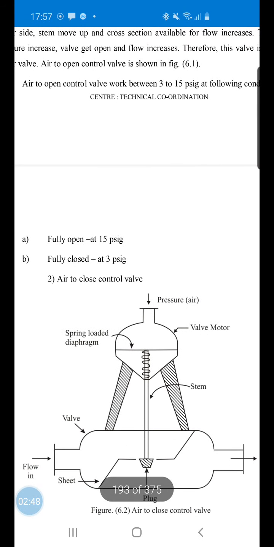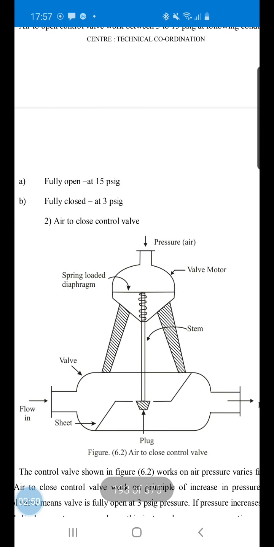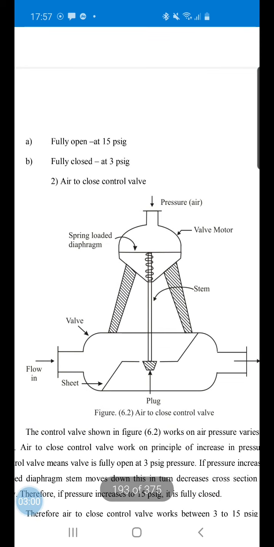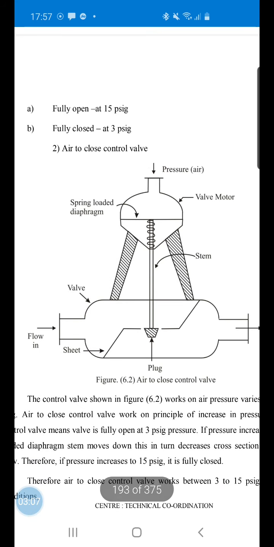Another type of the valve is air to close control valve. It works in the opposite manner, where the inlet pressure is applied from the top on the spring loaded diaphragm. So it also works between the pressure of 3 to 15 psig. When pressure is applied from the top, this pressure lowers the spring loaded diaphragm, spring, stem and plug.